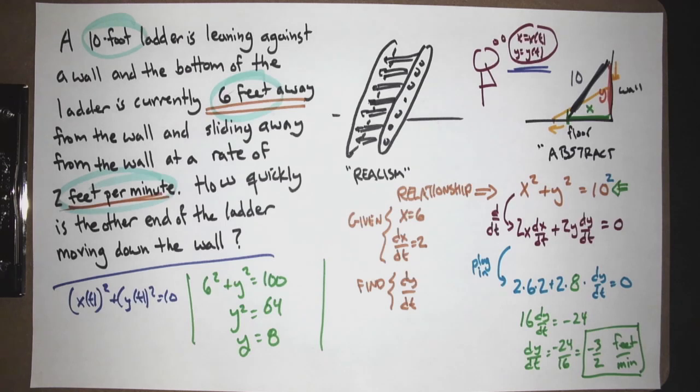So that's actually good that we got a negative number. It's always nice to check, is this a reasonable answer? All right, so there's our first problem. You always remember your first related rates problem, because it's almost always a ladder problem. Just tradition. Start with the ladder, and then work your way up.